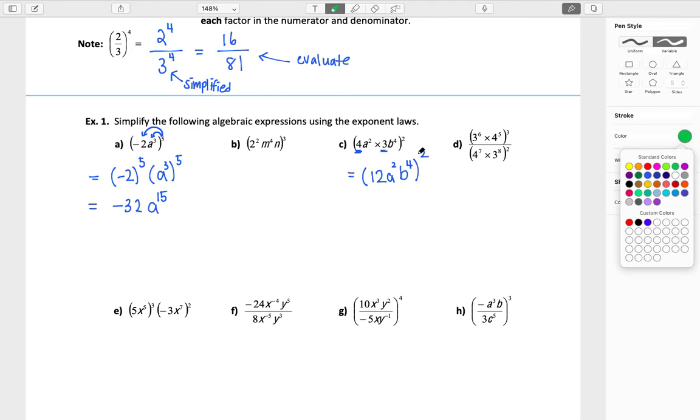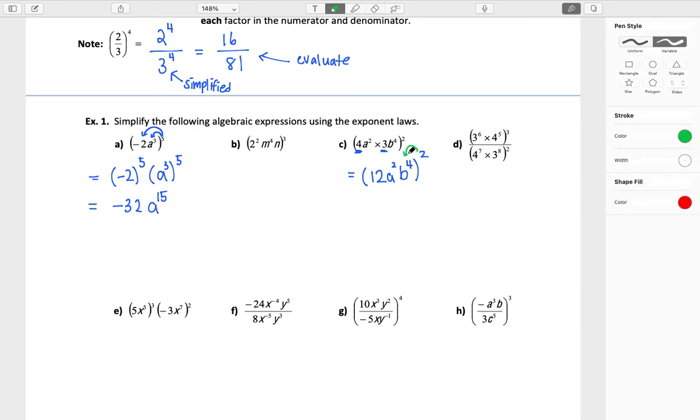After that, this power of 2 applies to B, to A, and to 12. So therefore, it's going to be 12 squared, A squared to the square, and B to the 4 squared. So 12 squared is going to give me 144. You multiply A, 2 times 2 is 4. B, 4 times 2 is 8. And that is your final answer.